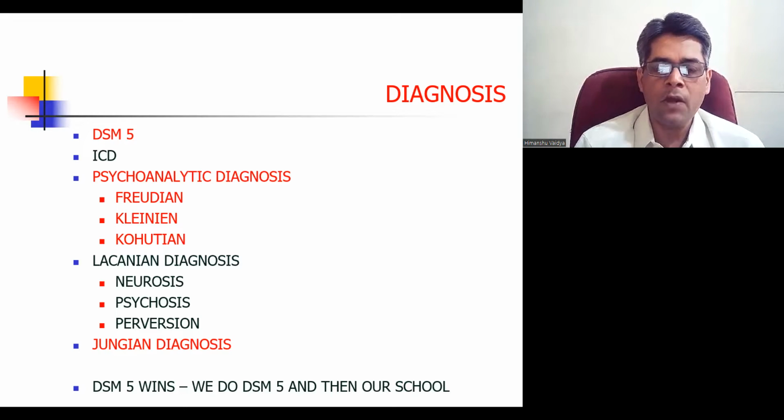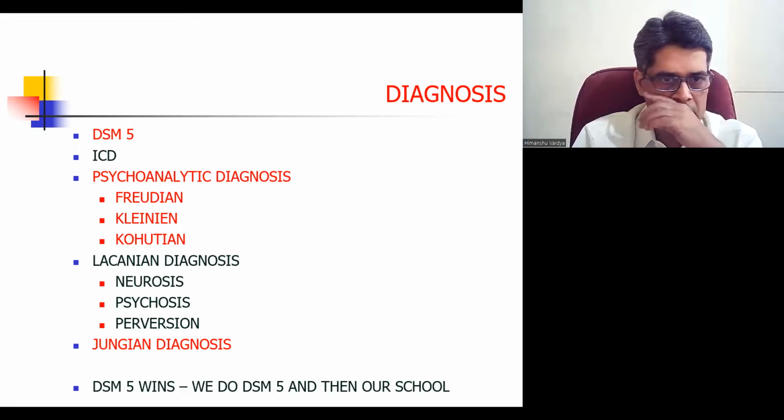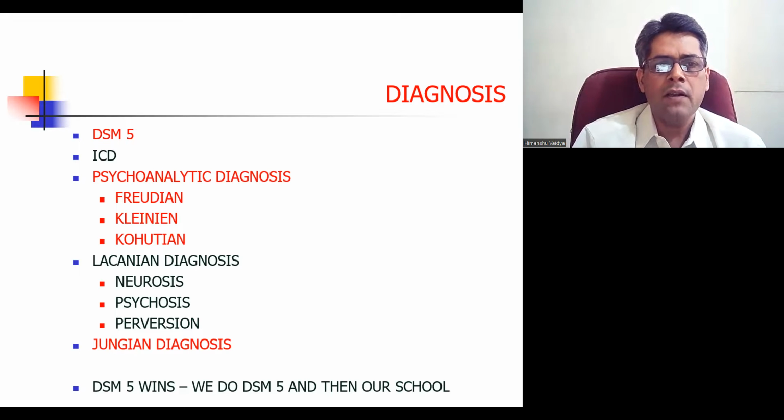And then there would be no common language to communicate in. So it's a very good element that as a language of communication and as a consensus language, everyone, therapists and psychiatrists both today, use DSM-5 or ICD, DSM-5 more than ICD, for diagnosis and communication with each other.